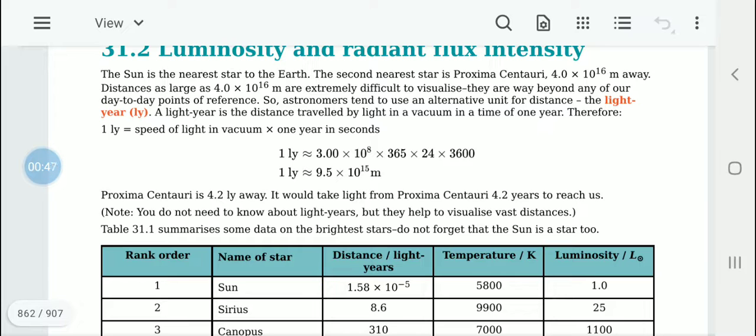So you know the definition of a light year. That is the distance light travels in a vacuum in a time of 1 year, that is 365 days.